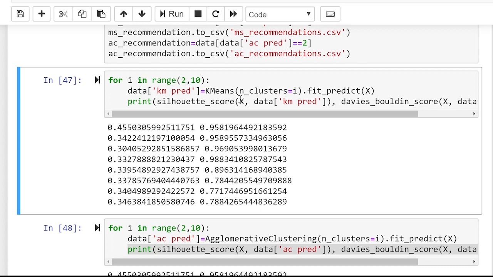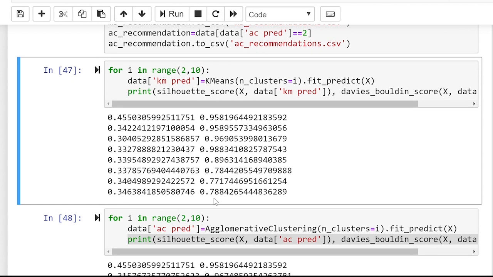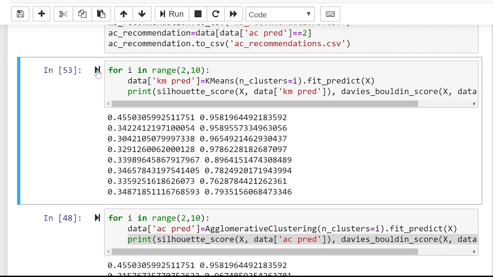So for k-means, I'm changing the number of clusters ranging from 2 to 10. 10 is not included, so it's going to be at most 9. So when we run this, we're going to pick the highest silhouette score, which is this one, but we need to pick the lowest Davies-Bouldin score, which is over here, 8.